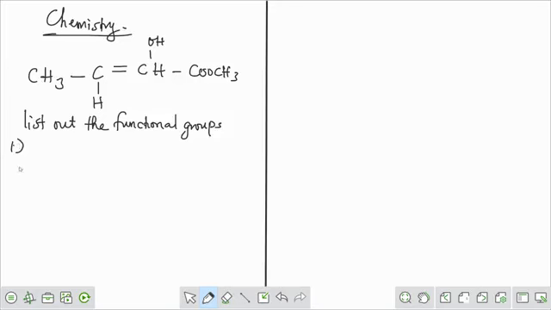So you guys should tell me the functional groups you can see in this question. Write out the functional groups that you know are there. I will start because of our time, but drop it in the comment section now. Drop it now.